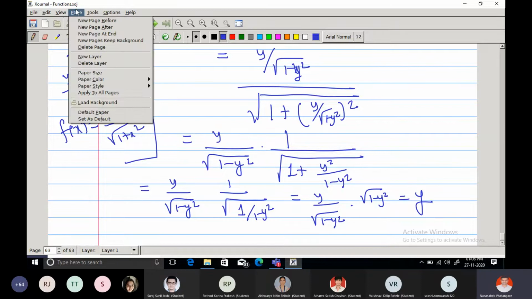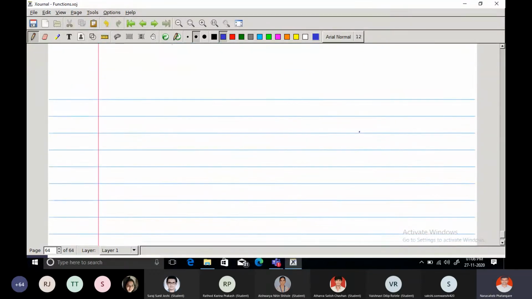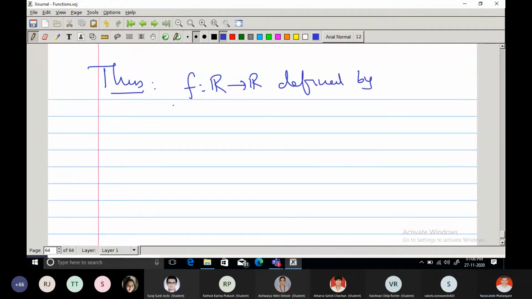Okay, so I will summarize everything we have done. Thus, f from R to R defined by f of x is equal to x upon square root of 1 plus x square is one-one.